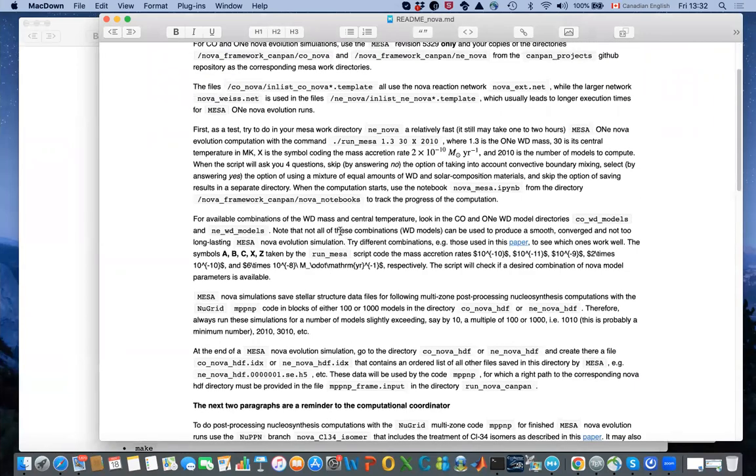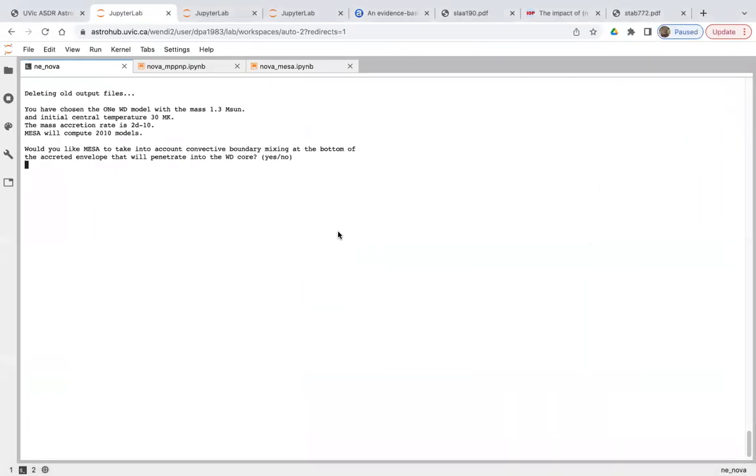The first mixing option will simulate convective overshooting in MESA. The MESA code has such an option. While the second option will just add initially to the accreted hydrogen-rich envelope 50% of material from the underlying white dwarf. And that's what I'm going to do right now. So I'm not going to use the option which will model convective boundary mixing. Therefore, I'm going to say no.